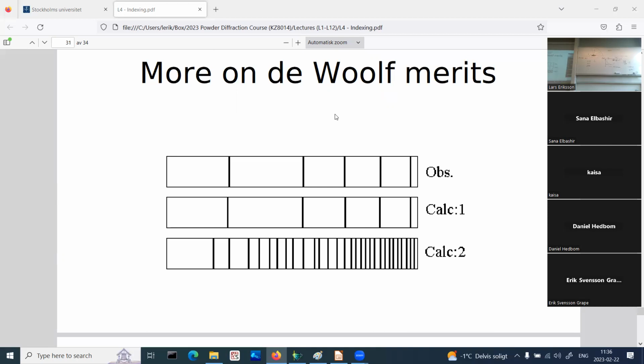On the other hand, this unit cell fits better, but it contains a lot more diffraction lines. Which one do you believe in? I would say this one, because from a distant view it looks very much like our observed pattern.